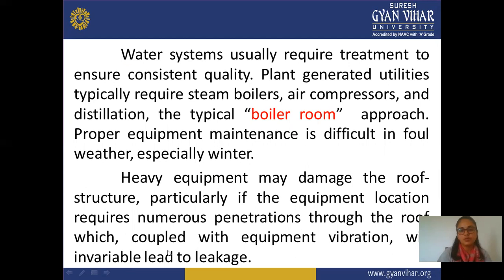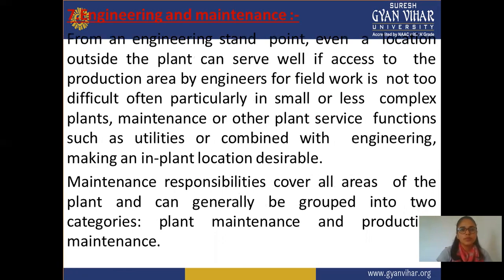Heavy equipment may damage the roof structure, particularly as equipment locations require numerous penetrations of the roof, which coupled with equipment vibration invariably lead to leakage. Means the roof should also be strong. Some heavy equipment may damage the roof, or due to vibration, some leakage is observed. So you properly construct and check the roof as well as the complete plant of your production.